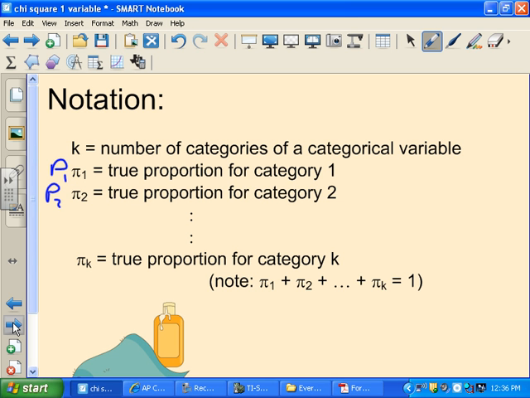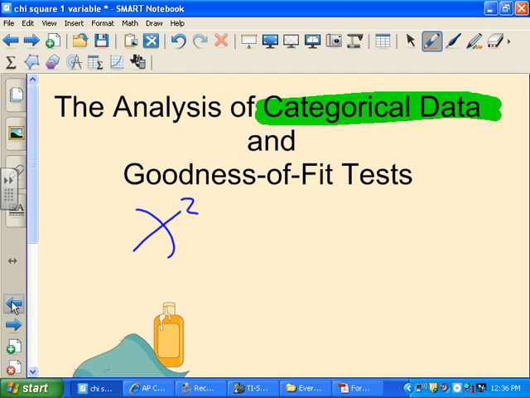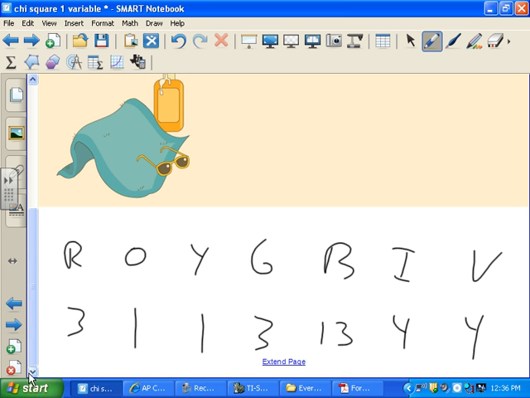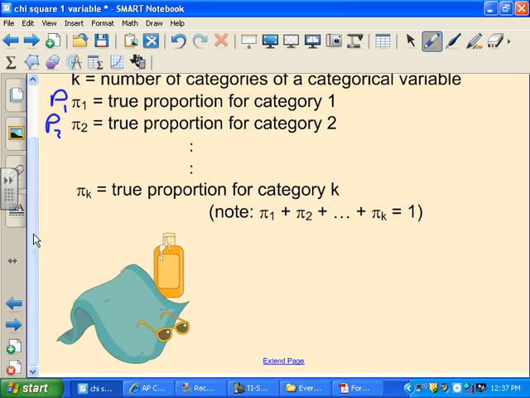And in the context of the problem that I'm just now talking about, we would say P1 equals the true proportion of students who prefer the color red. P2 would be the true proportion of students who prefer the color orange. P3, do we see where I'm going with this all the way down? Do I need to do that whole thing? In fact, on the AP exam, for a problem like this, you're welcome to establish the pattern and then put dot, dot, dot, and then the last in the pattern.